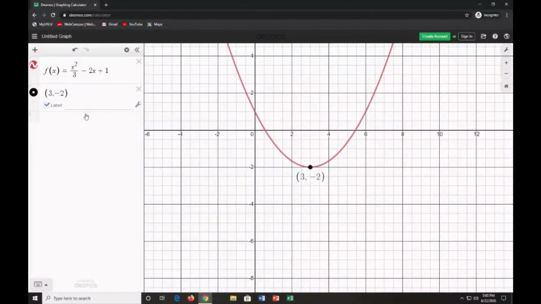Minimum point, right? Now let's snap to the x-intercepts, which I could not manually be so precise as that number. So one of the x-intercepts is 3 plus square root of 6 comma 0, right there.